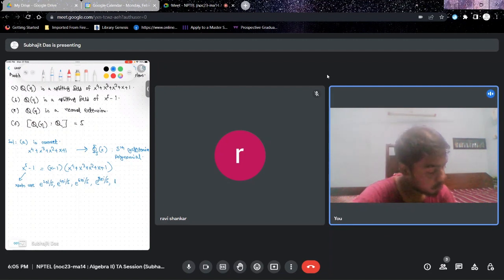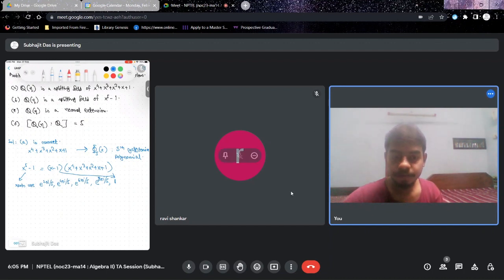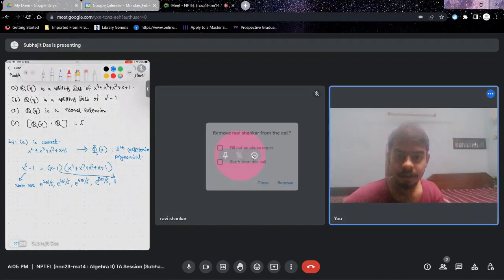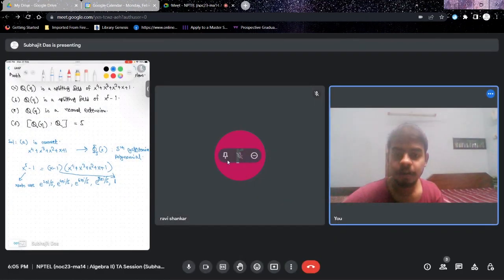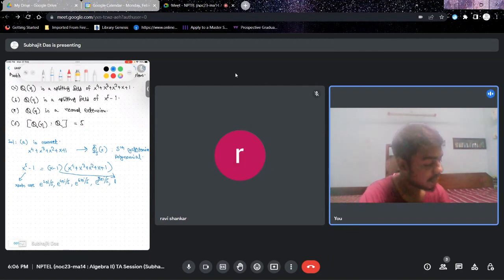Now 1 clearly is a root of x minus 1, which basically means that the other 4 roots are roots for this particular polynomial, right?